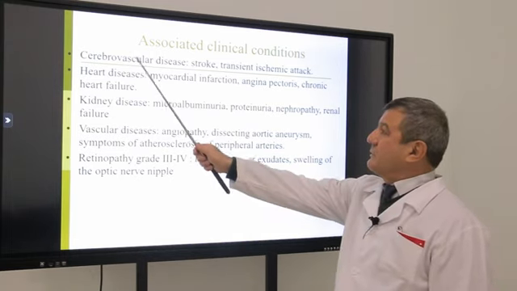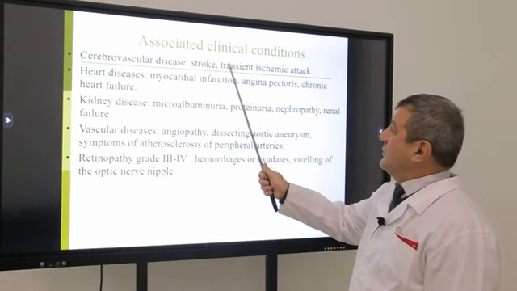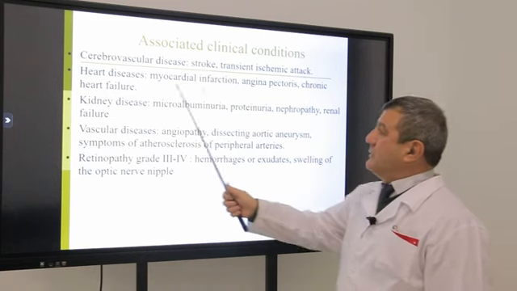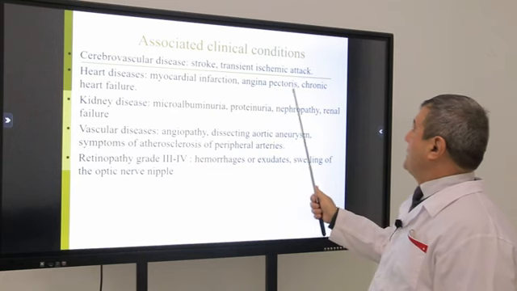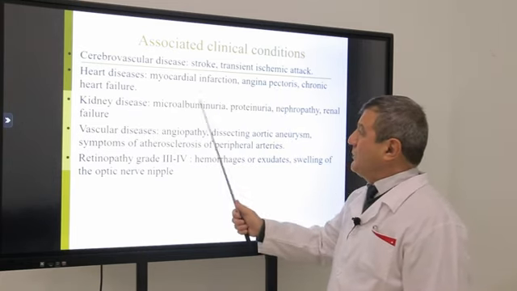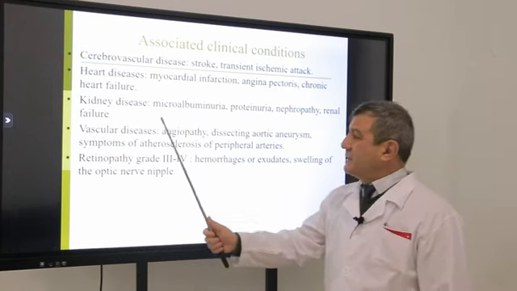Next one, we have to pay attention to associated clinical conditions. For example, cerebrovascular disease, stroke, transient ischemic attack. Next one, heart disease: myocardial infarction, angina pectoris, chronic heart failure. Next one, kidney disease: proteinuria, nephropathy, renal failure.